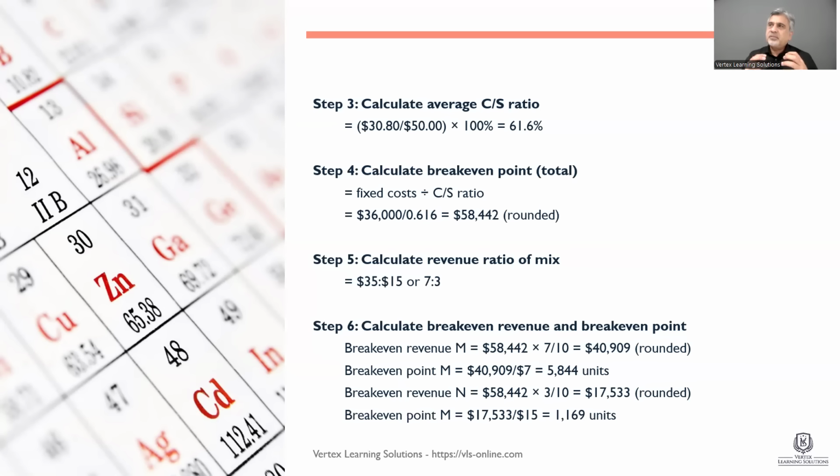Find out the contribution per mix, find out the selling price per mix, and then move on. It's a very logical, straightforward thing. I don't think there is anything which you need to remember. It's 100% understandable. And if you try to remember, you will actually punish yourself. If you try to understand, you will never forget.